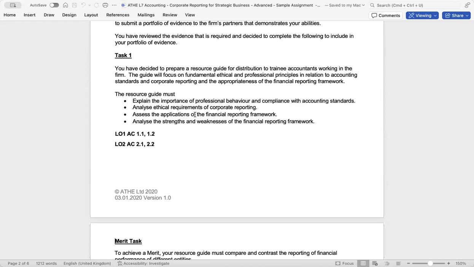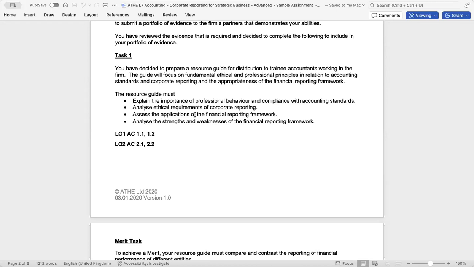Highlight the role of professional bodies, such as, if you again look at learning outcome one, where we discussed ATHE, ACCA, ICAEW, in setting and enforcing their standards, related standards like IFRS.